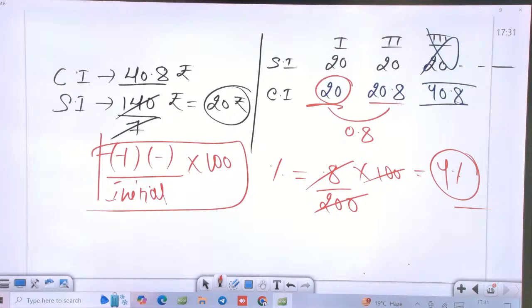Second thing, we can find out the rate of interest with the help of taking the difference between CI for any 2 consecutive years, full stop.